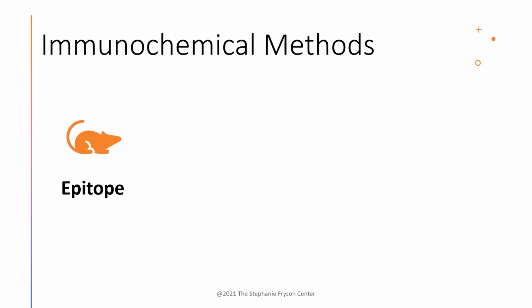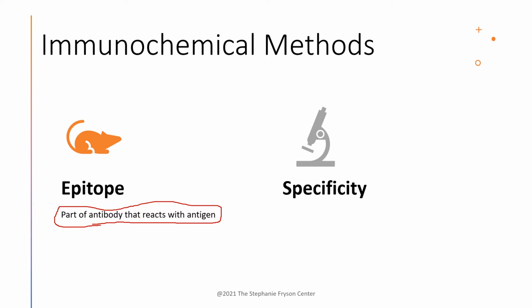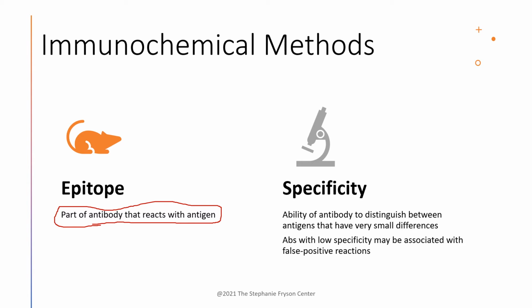Immunochemical methods involve an epitope. This is the part of the antigen that reacts with the antibody. Again, this will come up again. And it involves specificity. Specificity means the ability of the antibody to distinguish between antigens that have very small differences.